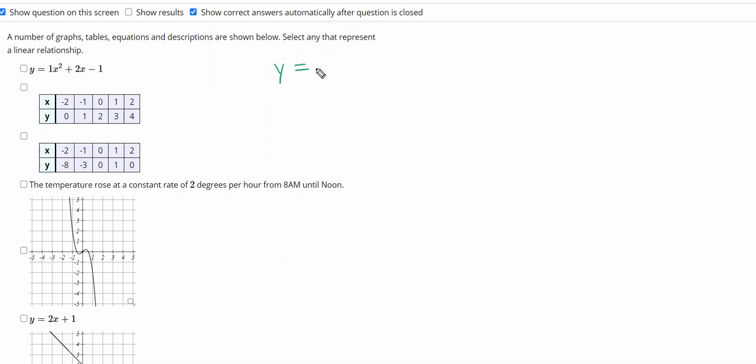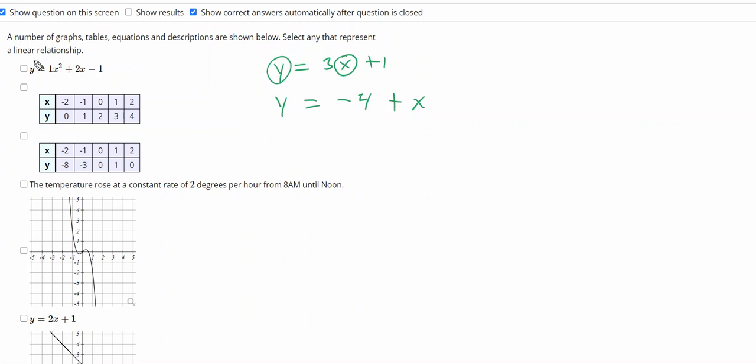They had y is equal to some number like 3x plus 1, or y is equal to -4 plus x. Did you see what was happening there? It was always a y and then just an x, not x to the power of 2, not x to the power of 3, not dividing by x or square root of x or anything like that.